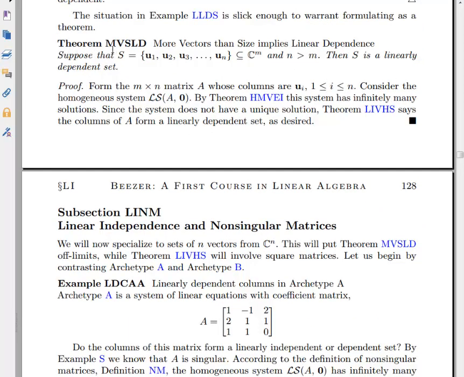So if that theorem looks familiar, then you were right, we've seen it before. This theorem for column vectors says the very same thing: if I have n vectors in Cm and the number of vectors is greater than the dimension of Cm, then S is a linearly dependent set. So I hope you can see that this is a special case of what we've just proved.